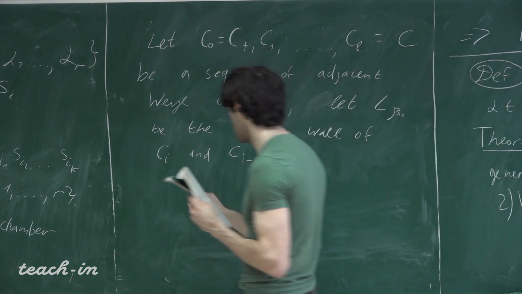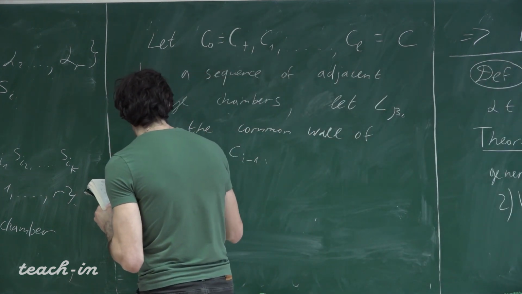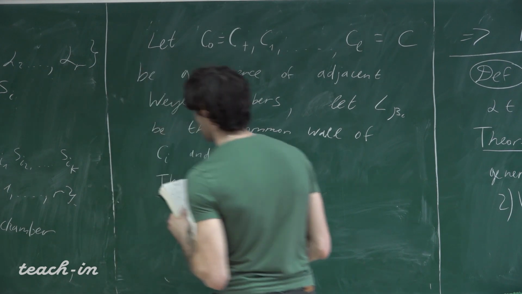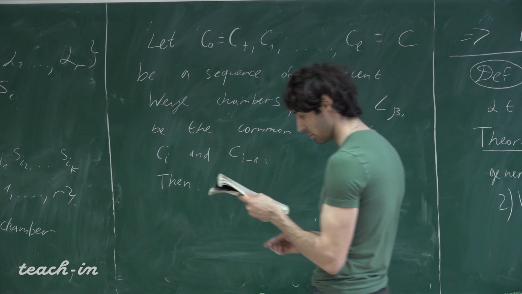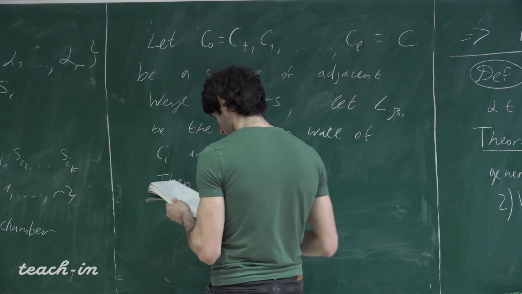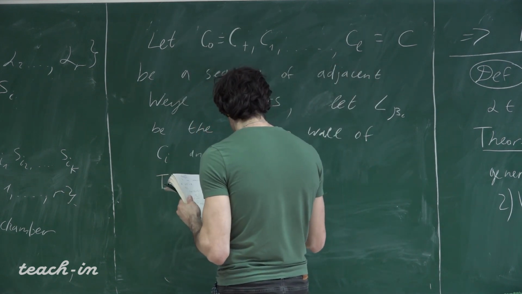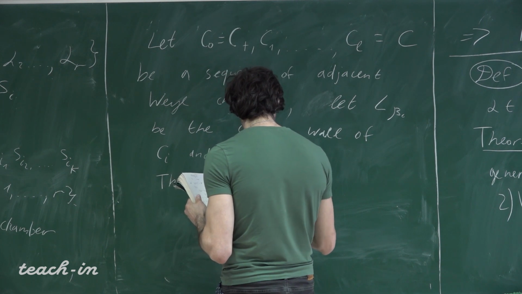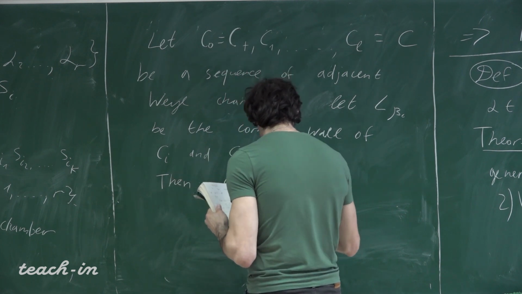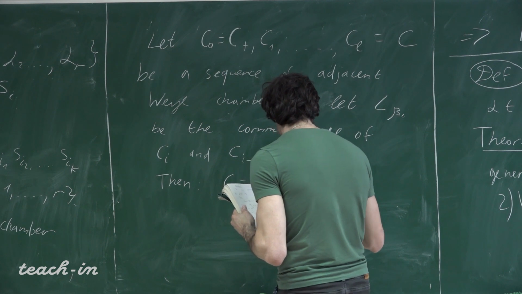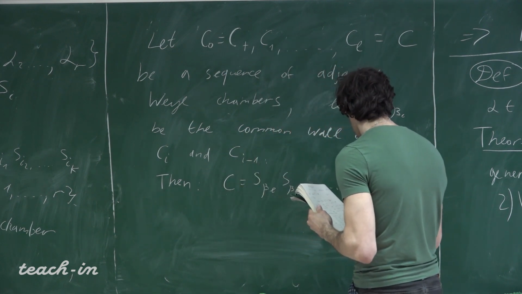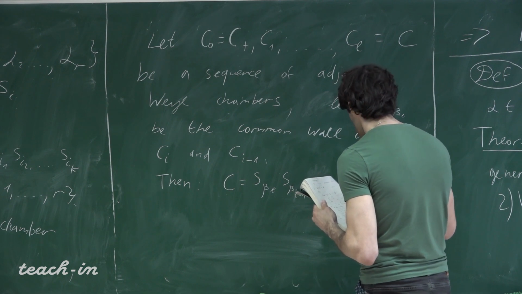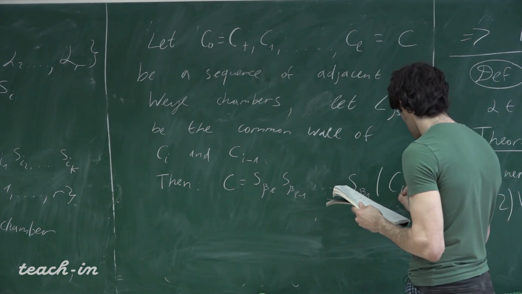Then we know, just from the proof of the previous proposition, that C is s_{beta_l}, s_{beta_{l-1}}, and so on, up to s_{beta_1} applied to C plus.